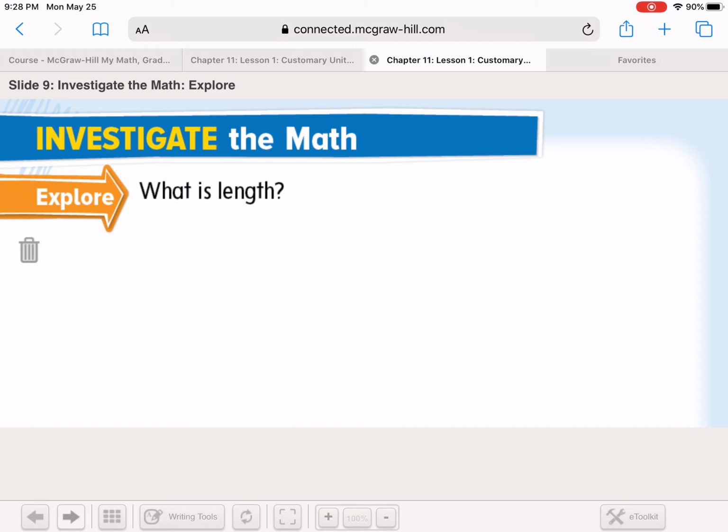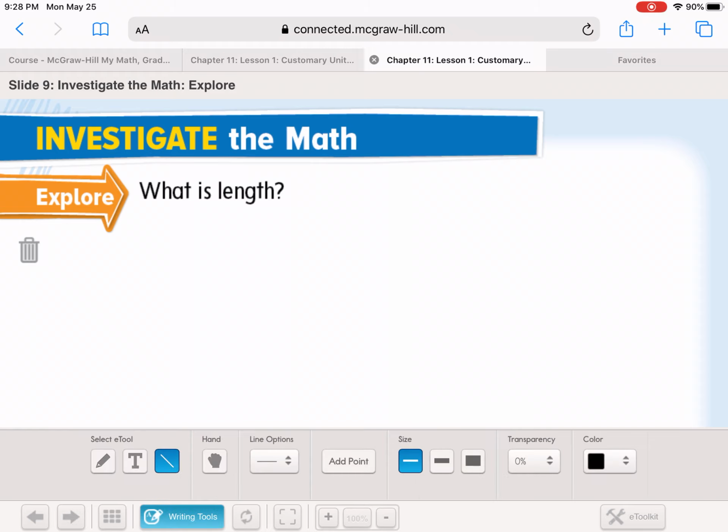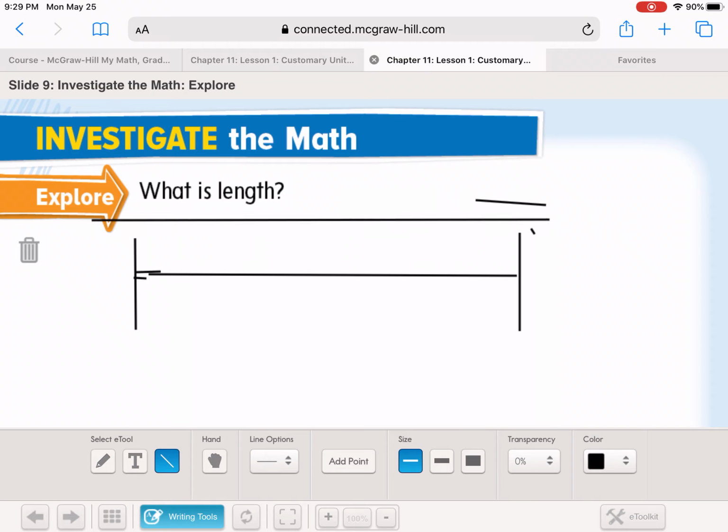So when you're trying to decide how long something is, you measure its length, okay? So you would measure the length from here to here, right? Okay, length is how long something is.